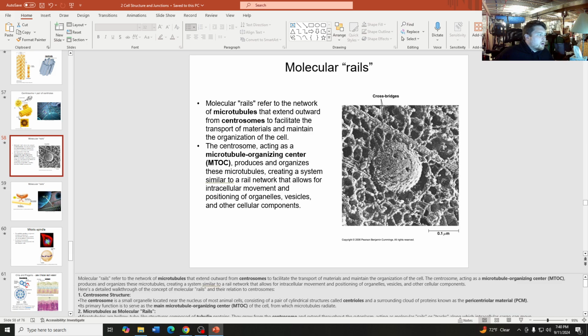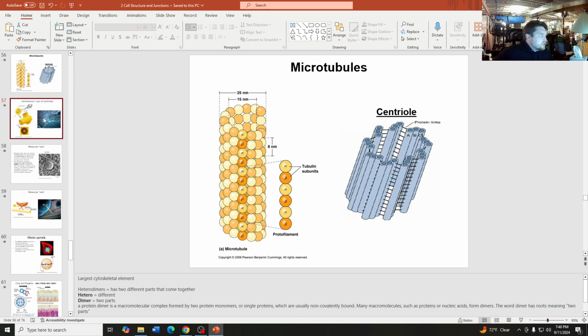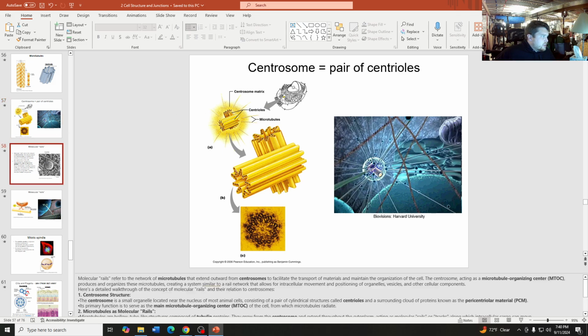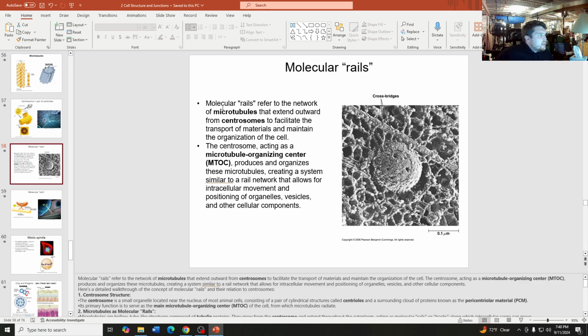There's also something called molecular rails. The centrioles and the centrosome are going to play a key role in sending out these fibers.